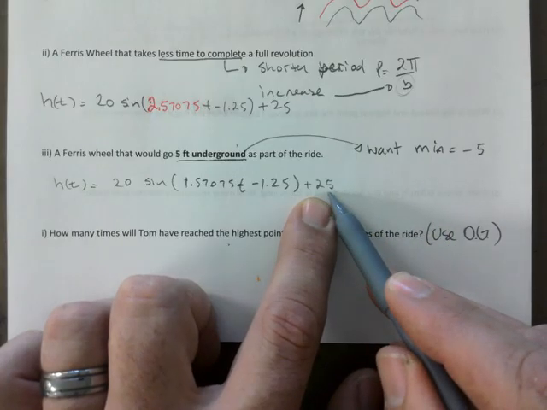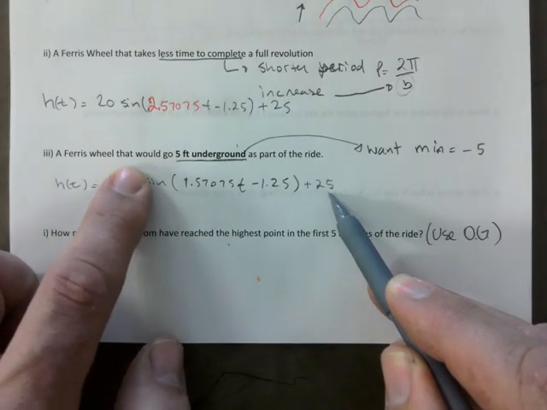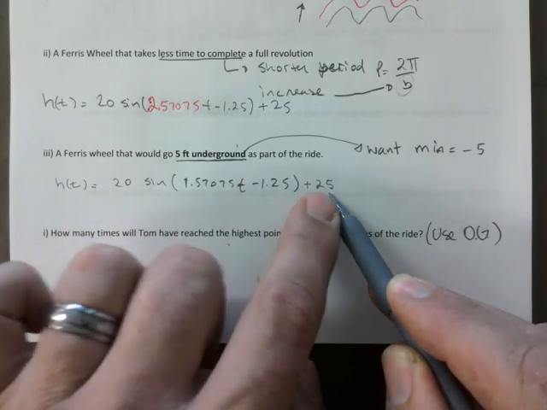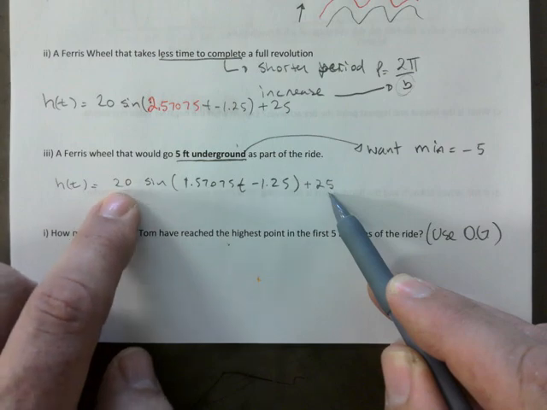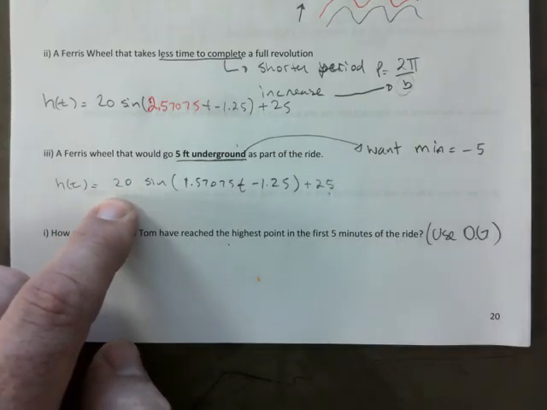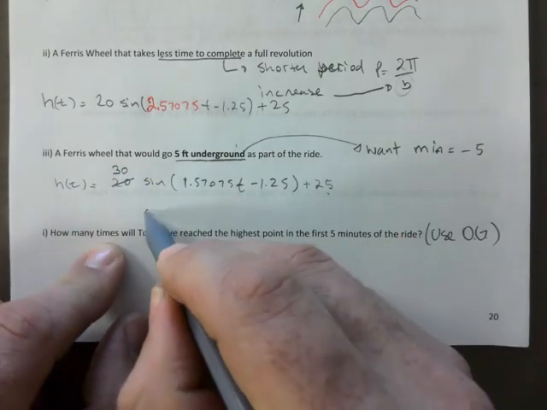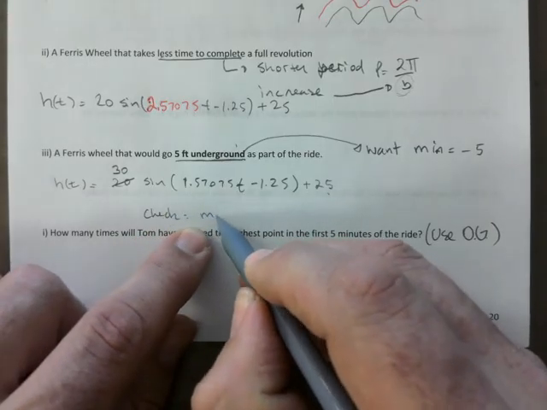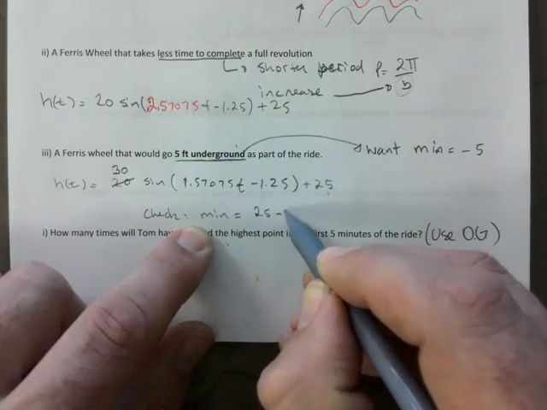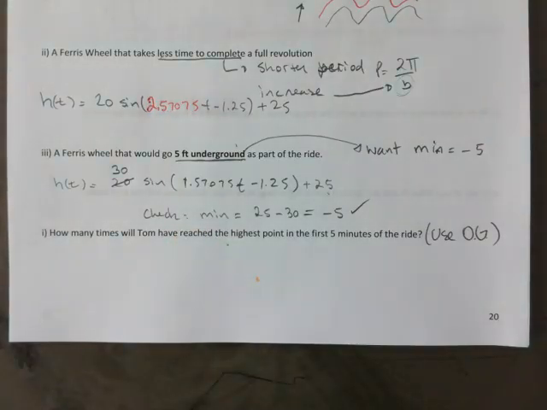How do you get your minimum? We go midline minus A, correct? So what would we have to change this to make that happen? 25 minus what? 30, right? Because if you go 25 minus 30, you're at -5. So I'm going to change this to 30. Check. Okay? Minimum is 25 minus 30, which is -5. And now you have a Ferris wheel that makes that happen.